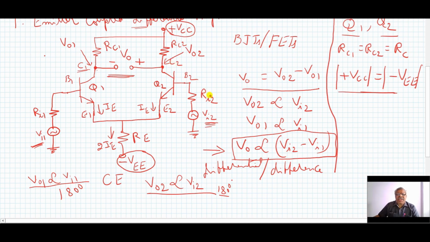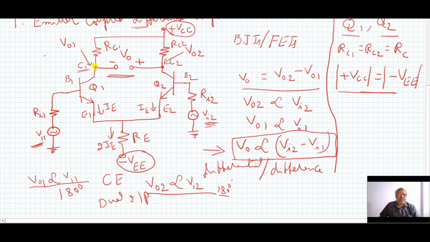This is arbitrarily selected. And another important point is, because there are two input signals, the circuit is called a dual input circuit. And the output is collected between two collectors. Suppose you take a single CE stage amplifier without blocking capacitors and bypass capacitors.